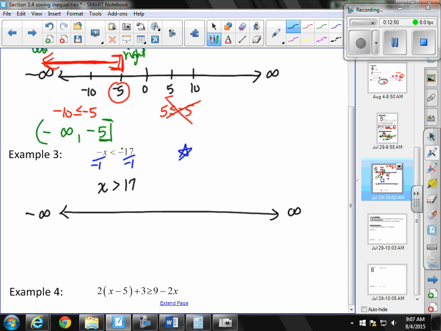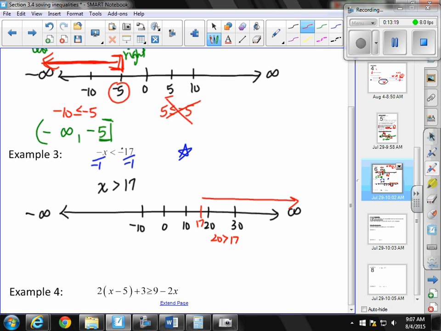Negative infinity on the left, positive infinity on the right. And this time I'm going to count by tens on my number line just to make it a little bit easier on myself. And I can always go back and identify 17 would be right about there. x is greater than 17. 20 is greater than 17, so I know I'm shading to the right.